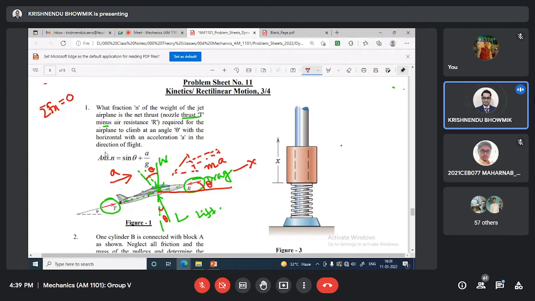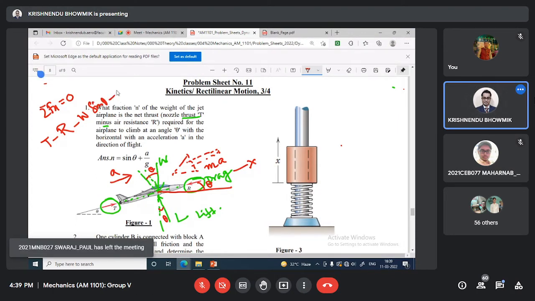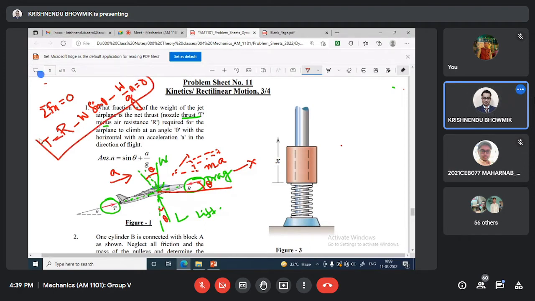Then we write T minus R minus W sin theta minus (W by g) a equal to 0. So we are using D'Alembert's principle here. Or you can put W by g multiplied by a on the right side. So this is the expression.